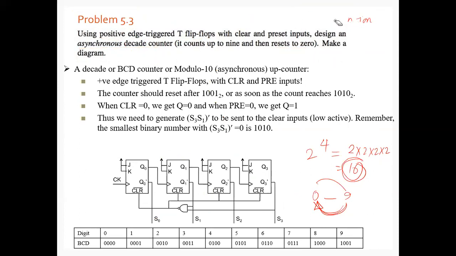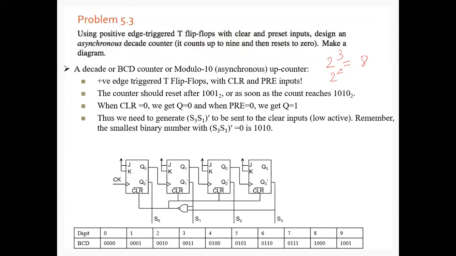Yeah. Nice. Now, we begin with 4 because we have to count up to 10, right? So 2 to the 3 is just 8. We are too short, right? So that's why we have to go 2 to the 4, which is 16. But we have to stop at 9, 10.